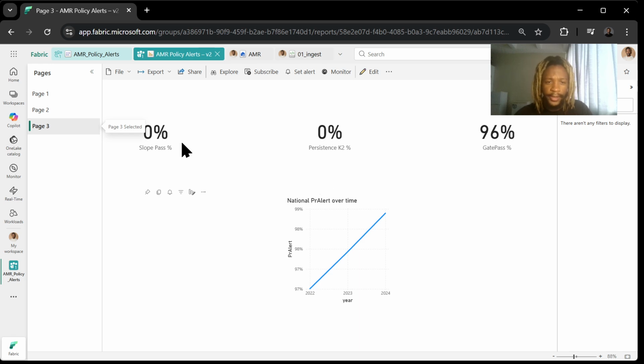And then we have the slope pass percentage, which is those trending upward. Right now, the gate pass is high, but persistence and slope are low, meaning most alerts are newer rather than long-term trends. The small line chart repeats the national probability trend to show that movement over time.